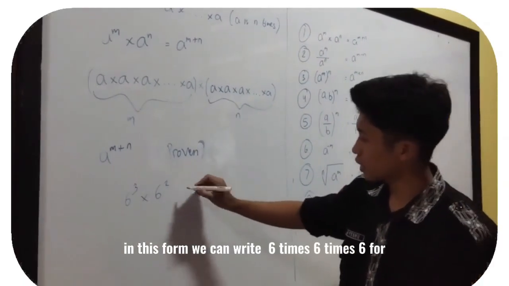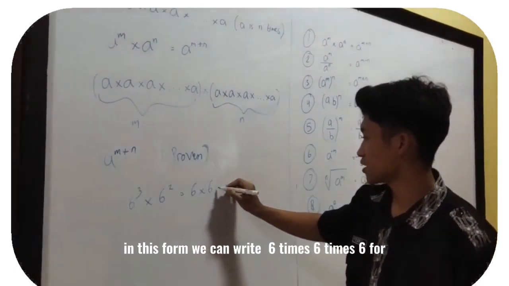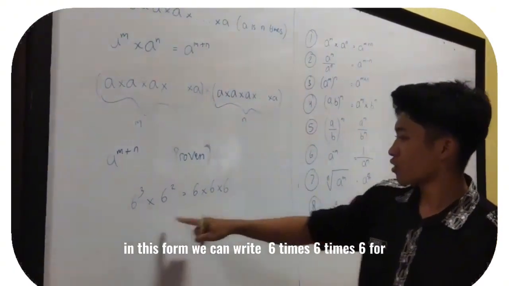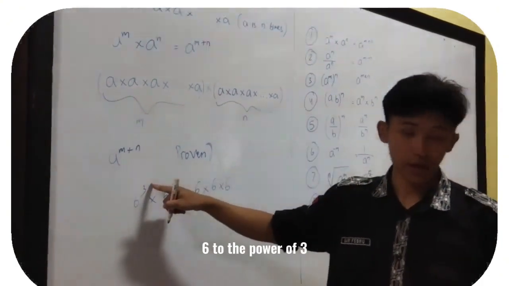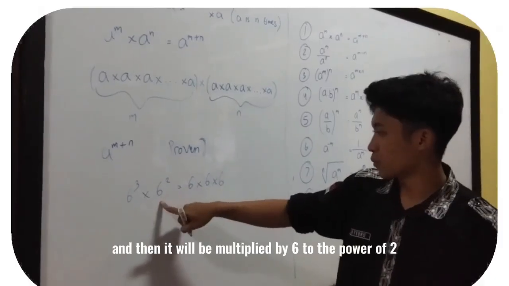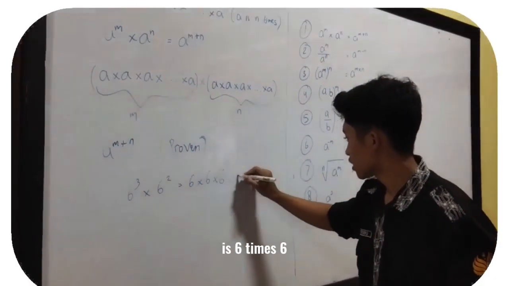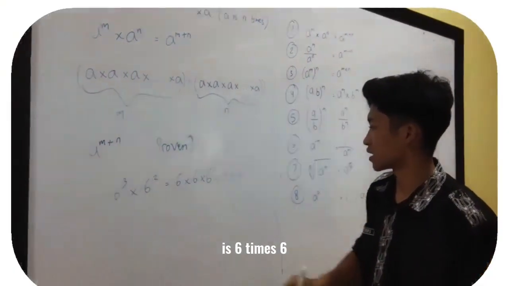In this form, we can write 6 times 6 times 6 for 6 to the power of 3, and then it will be multiplied by 6 to the power of 2, which is 6 times 6.